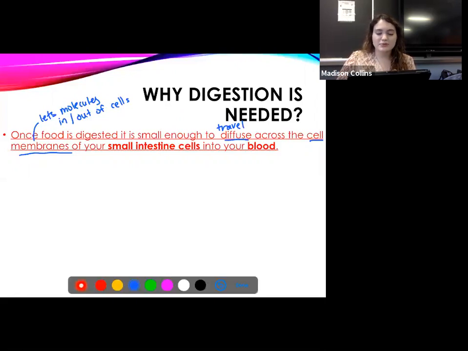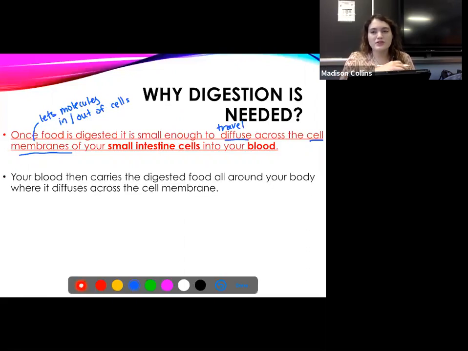Once it gets into the blood, those food molecules are then going to be spread all around the body and diffuse across the cell membrane again. So again, when we say diffuse, we're talking about it traveling across that cell membrane. Your blood carries the digested food all around your body. It diffuses across the cell membrane.